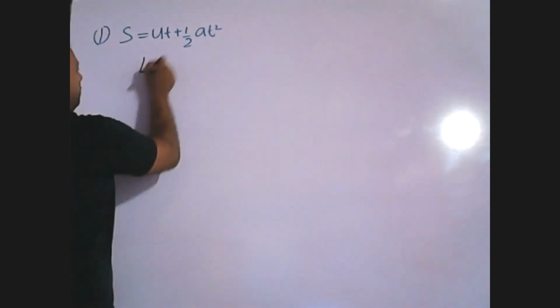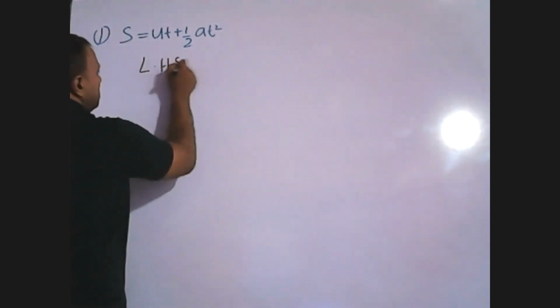Shall we do this question? We are asked to determine whether this equation is correct or not. Now this is the equation. First, we have to take the dimension of LHS, LHS or RHS, whichever.